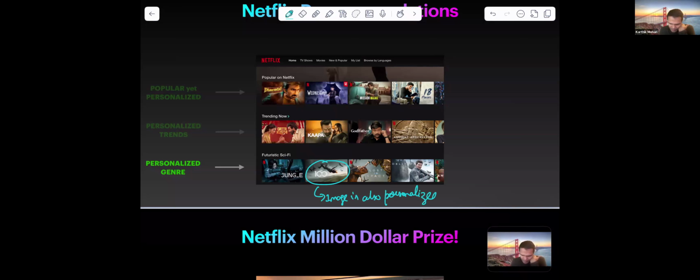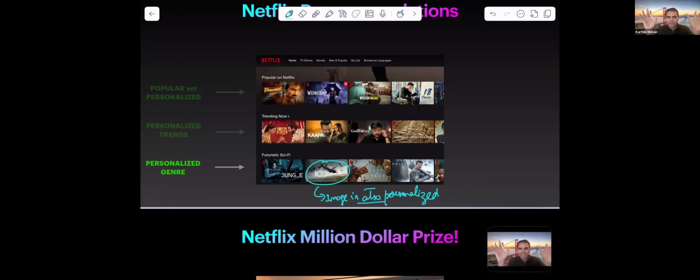That means the same series or movie will have a different thumbnail for you versus me, so that the propensity to click is higher. If someone is more into rom-com, they might see a thumbnail more appropriate for their style, versus someone more into action, who might see a more action-oriented thumbnail for the same movie. So even the thumbnails are personalized.